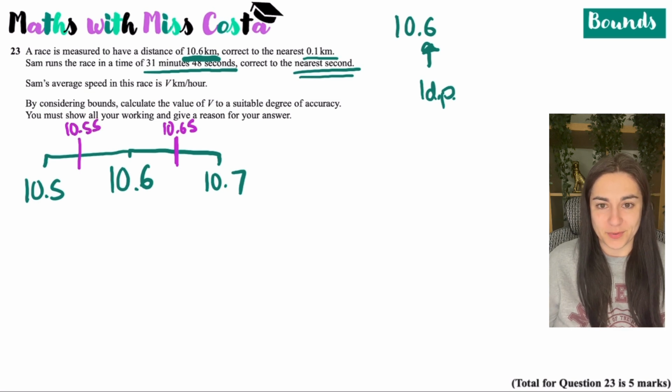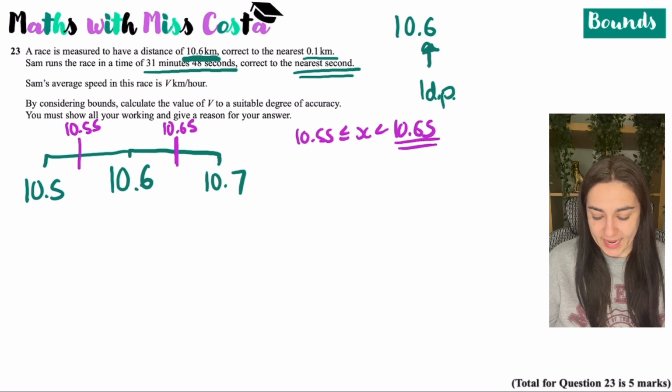And a lot of people get confused by this because obviously if it was 10.65 to one decimal place, it would round to 10.7. But technically it would be 10.649 recurring. That's a little bit complicated to use. So for GCSE for bounds, we just say it's 10.65 as the upper bound. And generally, if it would be an error interval, we would say it like this.